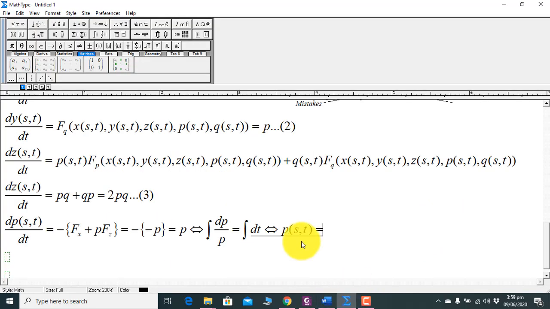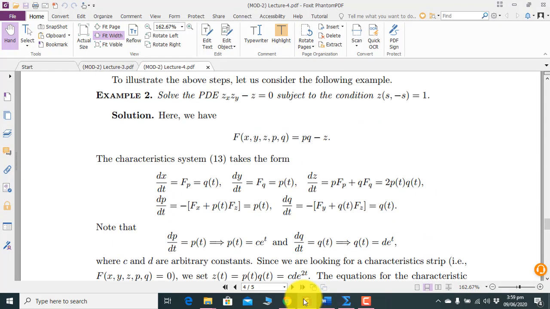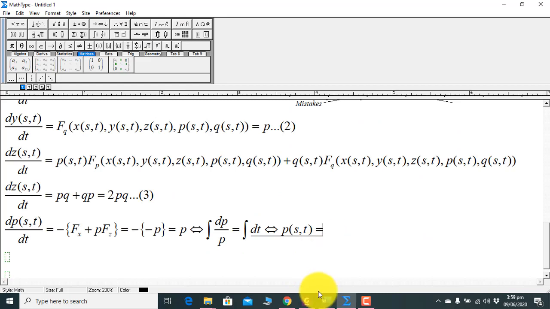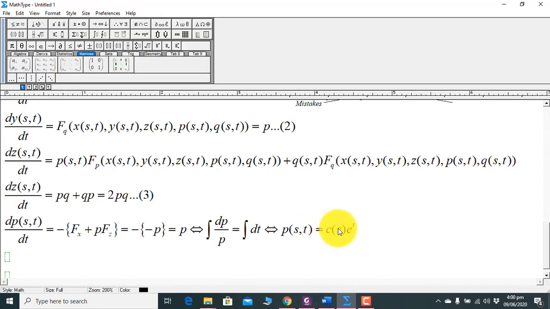So this is not the correct way. Please be careful with the calculation. I made a typing error, so correct that error. The answer for p is not c e to the power t. The constant of integration will be c of s e to the power t, because p is in general a function of s,t, as we have already written above. So c will not be a real number, this will be a constant function of s.